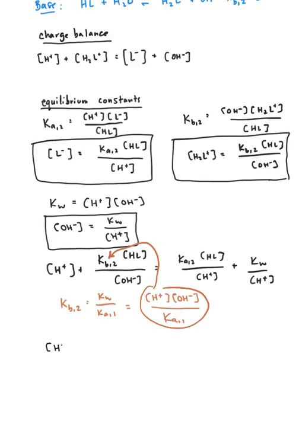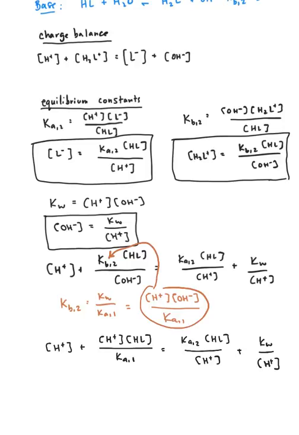If we substitute this entire expression for Kb2 up above, what we end up with is concentration of H+ as our first term still, plus now concentration of H+ times concentration of HL over Ka1 is equal to Ka2 times concentration of HL over concentration of H+, plus Kw over concentration of H+. And the next thing that I'd like to do is to be able to solve for H+.